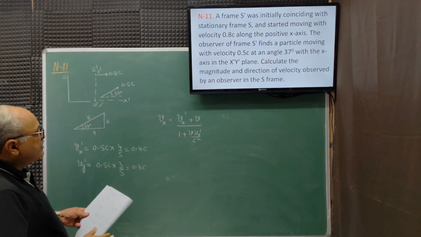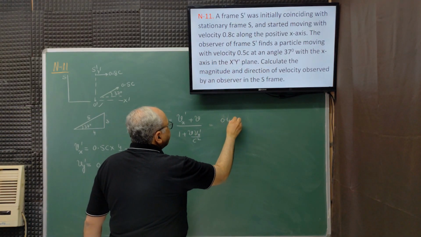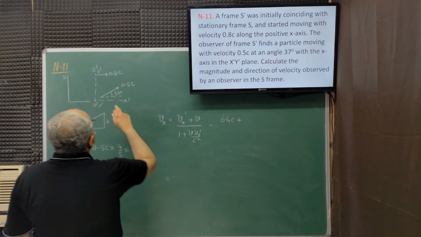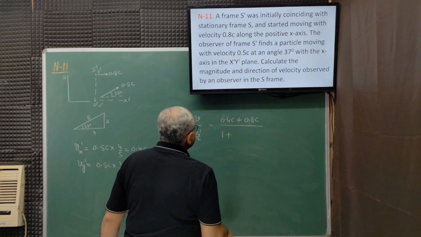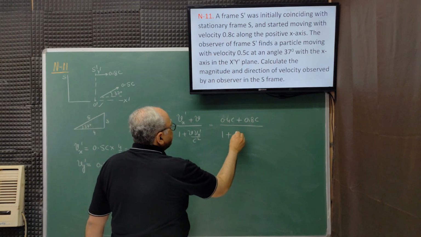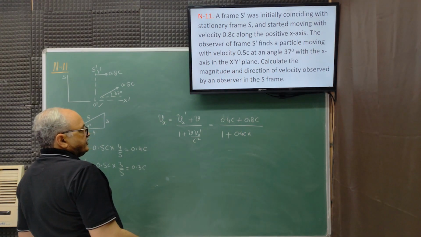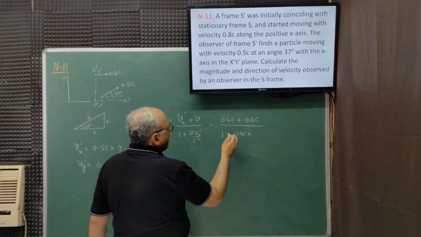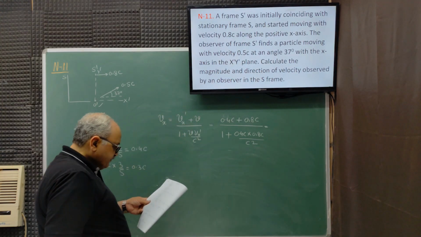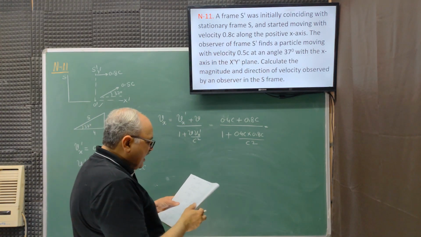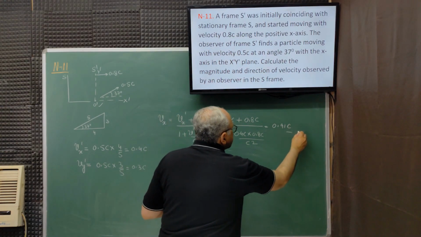So from this equation we calculate: 0.4c plus the velocity with which it is going, 0.8c, divided by 1 plus 0.8c multiplied by 0.4c divided by c square. So this comes out to be 0.91c. This is my first equation.